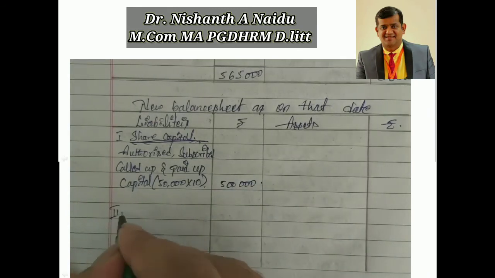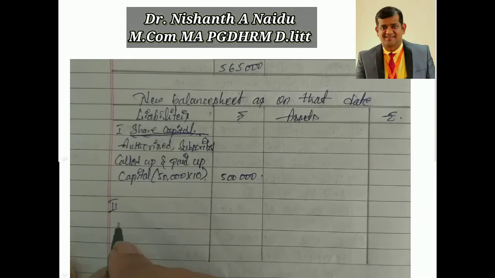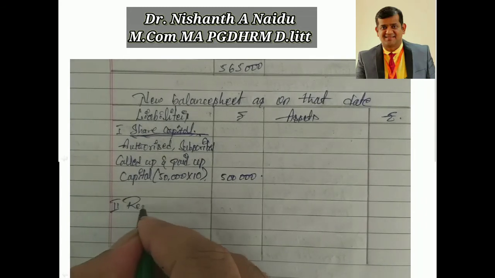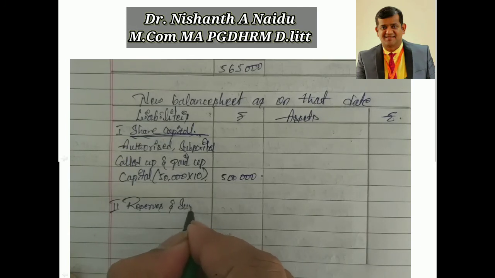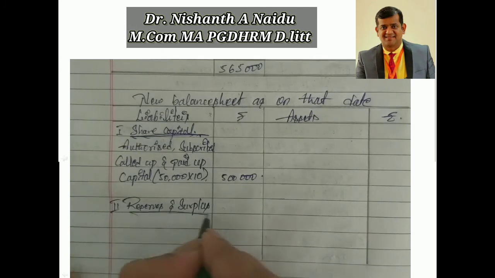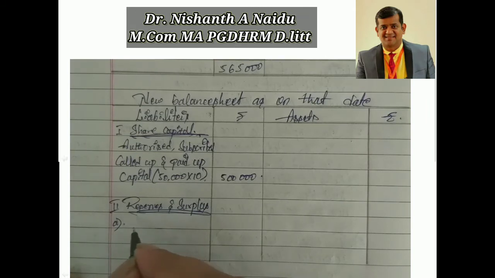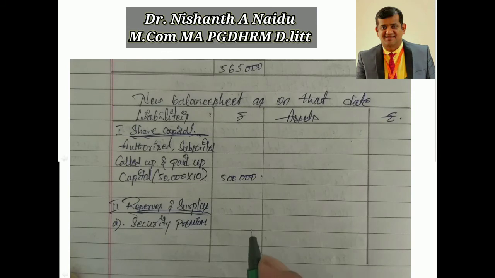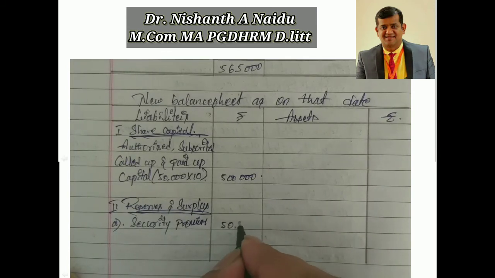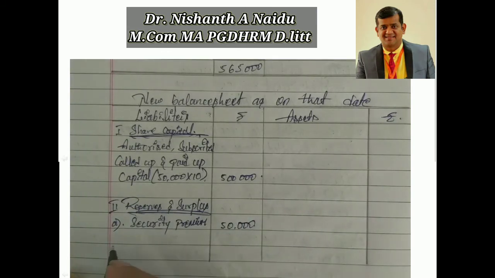Okay, the second head I have here, reserves and surplus. In this I am going to write point A, that is security premium. So how much security premium is? 50,000 rupees, because it is 10% on the share capital.